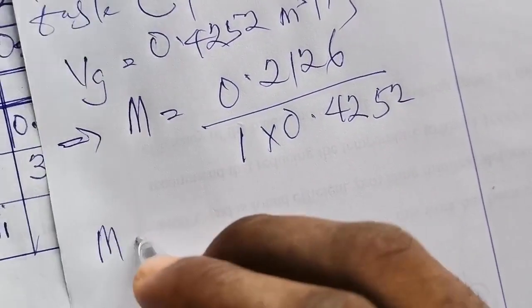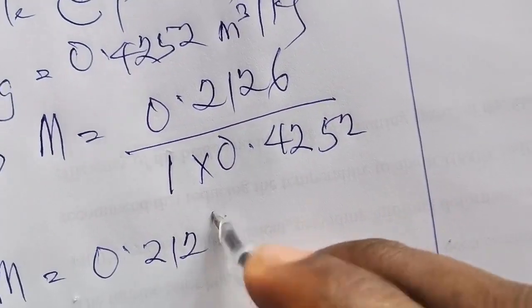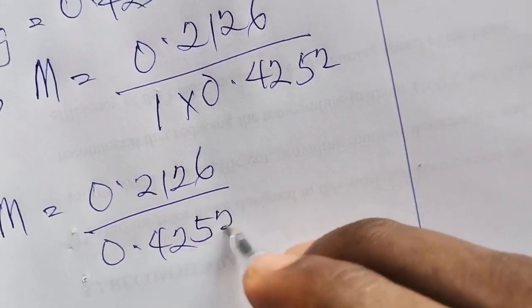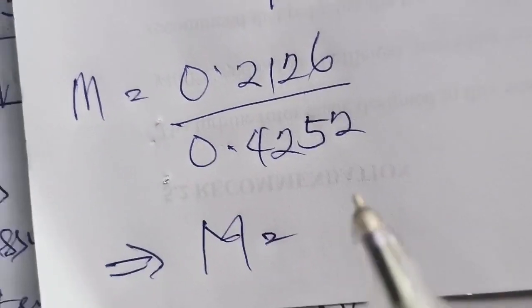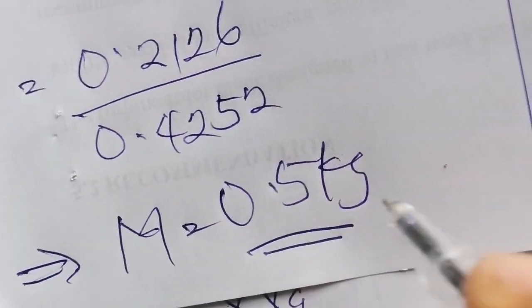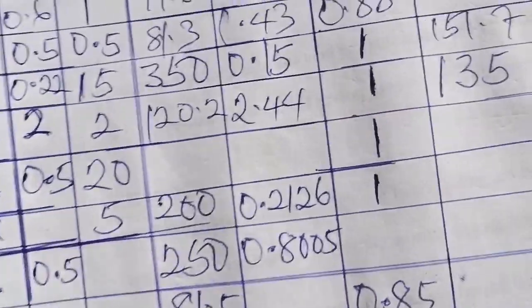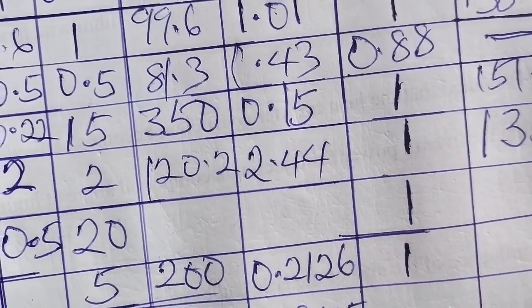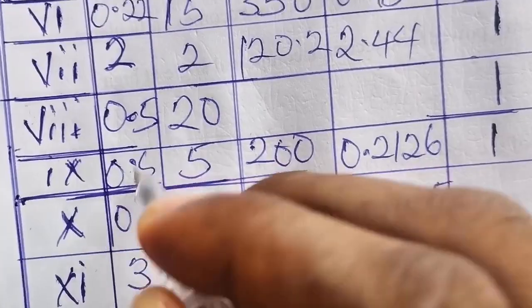So mass is 0.2126 divided by 0.4252, which implies that mass is equal to 0.5 kilograms. So let's fill that up for mass: 0.5 kg.